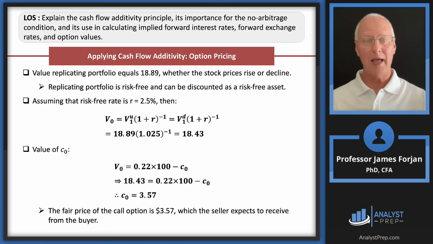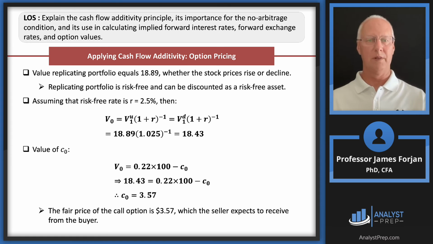So why don't we go ahead and discount them? Why don't we take their present value? So all we're going to do is use that equation. Look down at the bottom, the value of C0, that's the value of the call option. And oh, by the way, we're going to assume a risk-free rate of interest in there. So you throw that in.